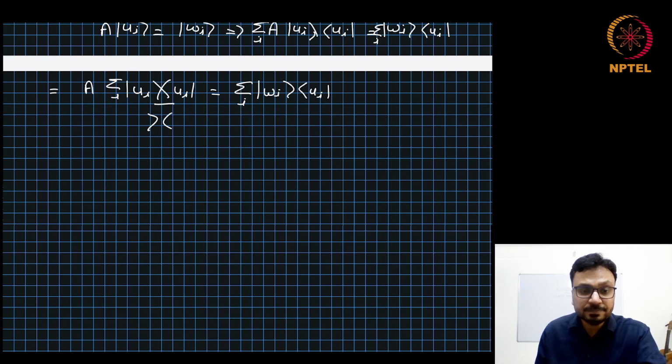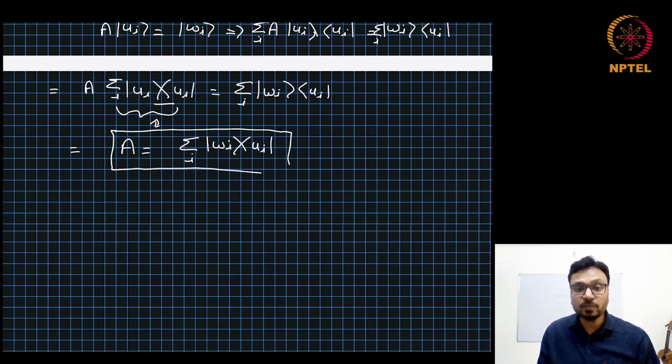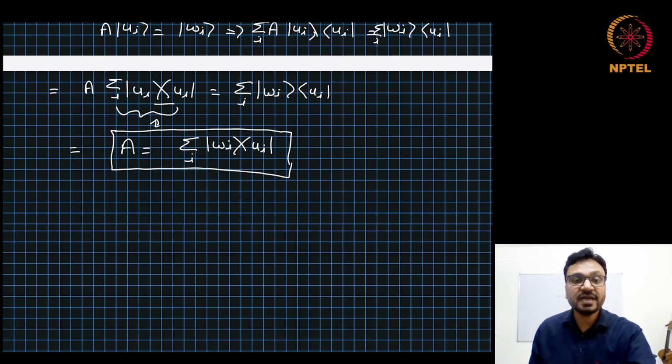Don't get confused here. But now we use the completeness relation, since Ui was an orthonormal basis, so this must be identity. So A times identity is A, and we are getting the sum over i of omega i bra Ui. So this is one expression for the operator A, which is acting on the vectors of V1 and yielding the vectors of V2.